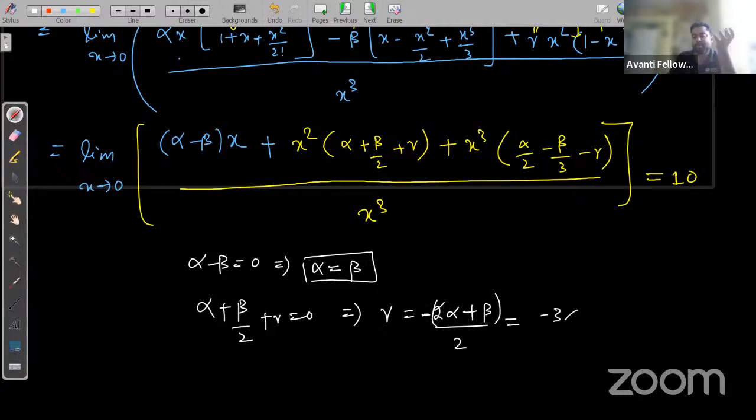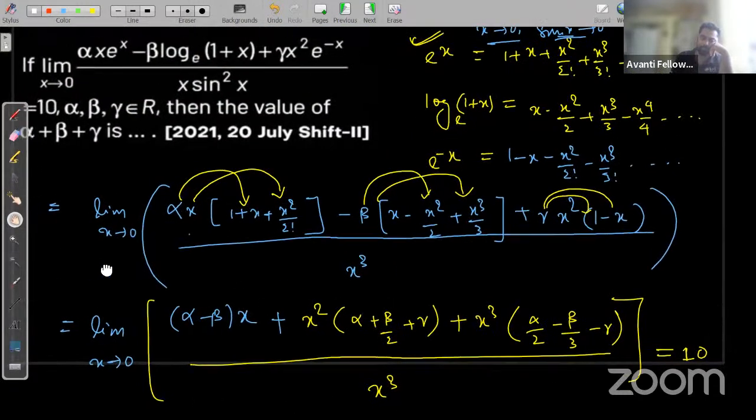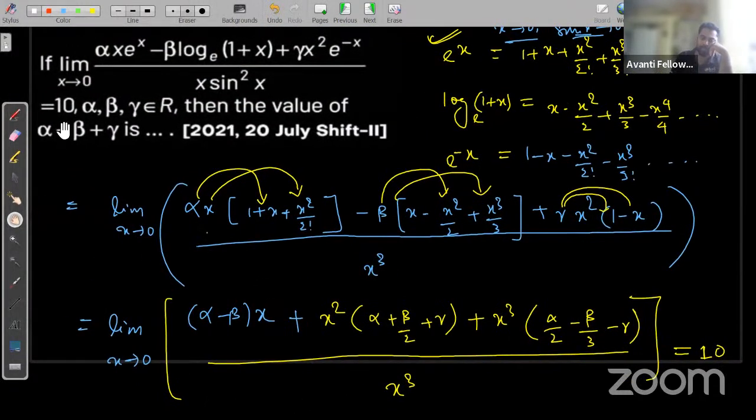So this becomes minus 3 alpha by 2. And the last one, this is equal to 10, it is given now.